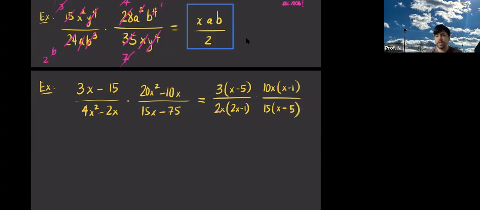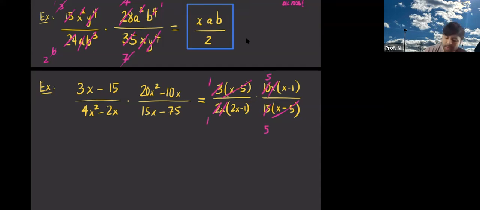Does everybody see that? All I did was factor the numerator, denominator, numerator, denominator. And then I'm not going to multiply things out yet. I'm going to see, hey, what can I cancel? So x minus 5 here goes away with the x minus 5 here. What else goes away? I got one little x here, goes away with one little x here. Well, the 2 goes into the 10 5 times. The 3 goes into the 15 5 times.